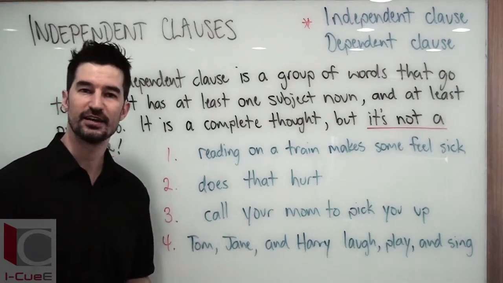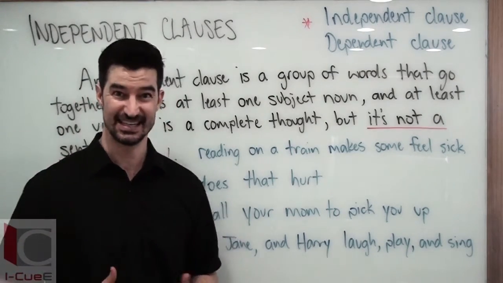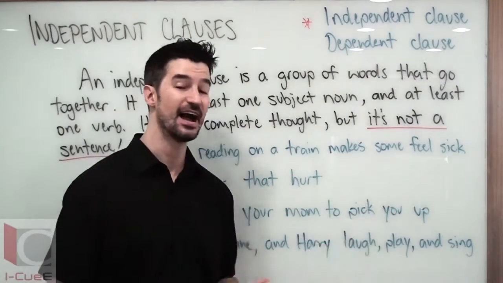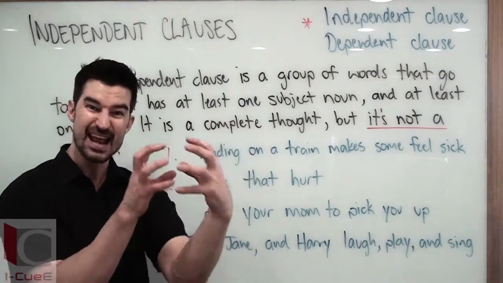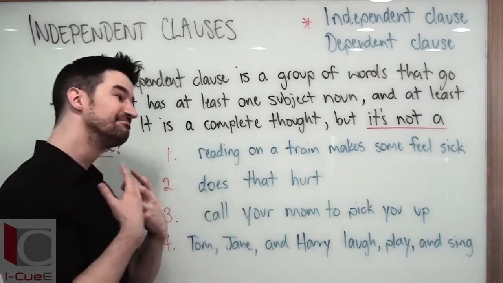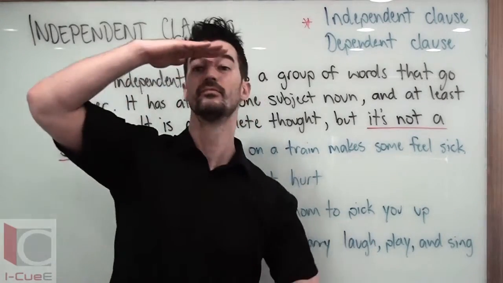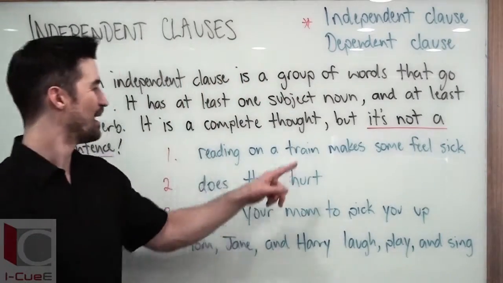Remember that when you're looking for the verb in a sentence, or when you're looking for any words in a sentence, it's good to start with the verb. Can anyone find the verb, the main verb of this idea in this sentence? Anyone? I'll just do it.